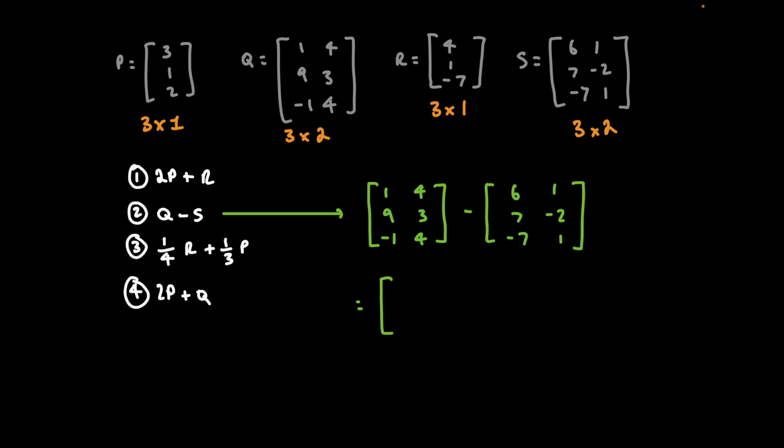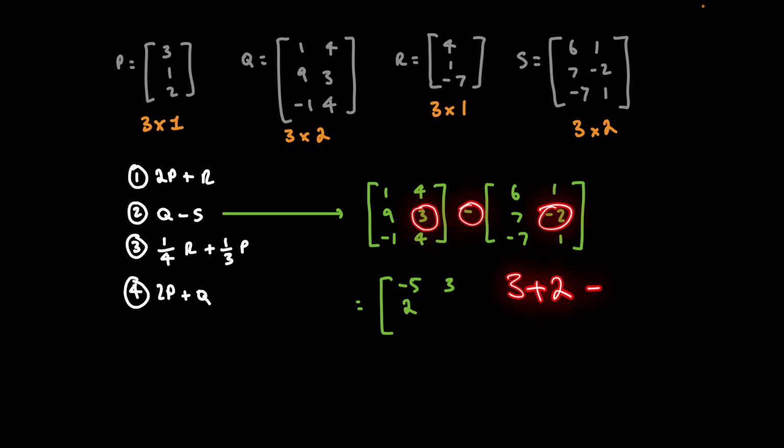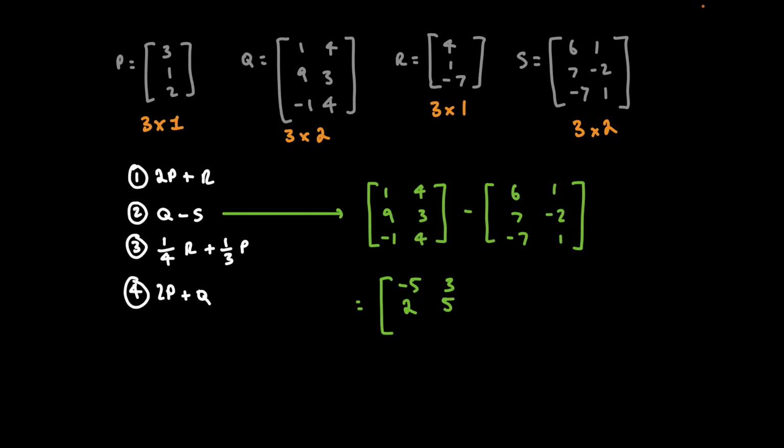We just have to minus away the corresponding elements. 1 minus 6 is minus 5. 4 minus 1 is 3. 9 minus 7 is 2. 3 minus minus 2 is the same as 3 plus 2, which is just 5. Minus 1 minus minus 7 is the same as minus 1 plus 7, which is equal to 6. And 4 minus 1 is 3. That is your answer to question 2.